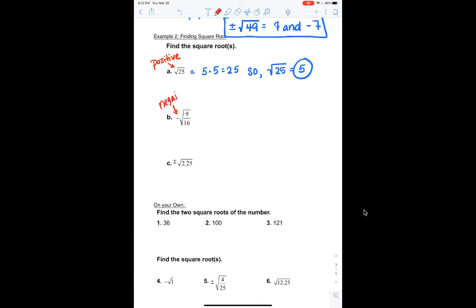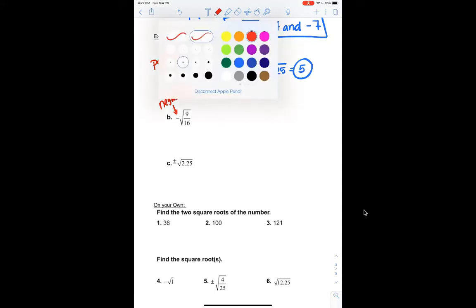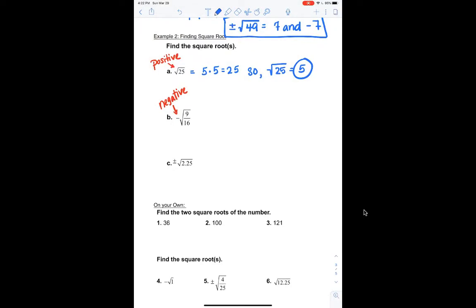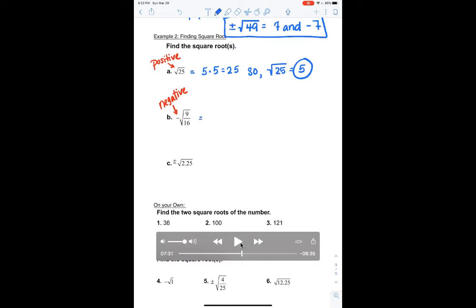In letter B, you're going to notice that there is a negative symbol in front. So they want your negative answer. Now, what do you know about 9 and 16? When you have a fraction like this, quiero que usted para primero y piensa, los números en la fracción, are they perfect squares? ¿Son cuadros perfectos or are they not?